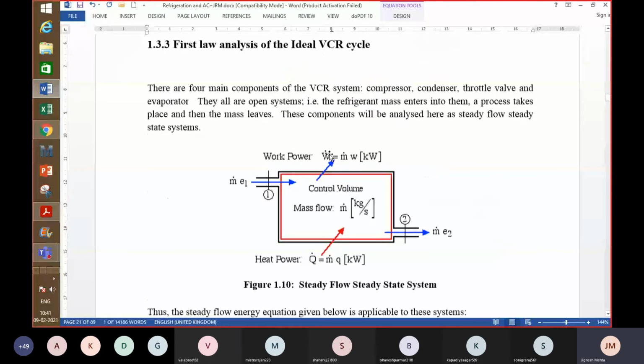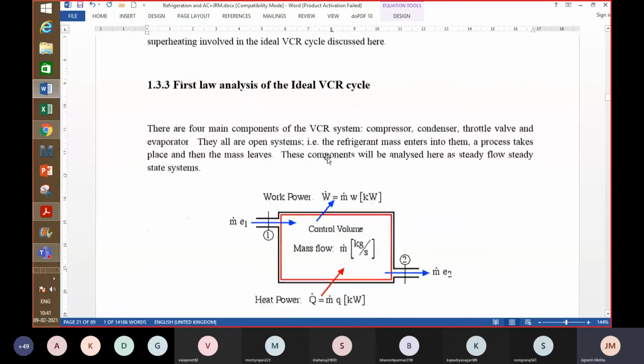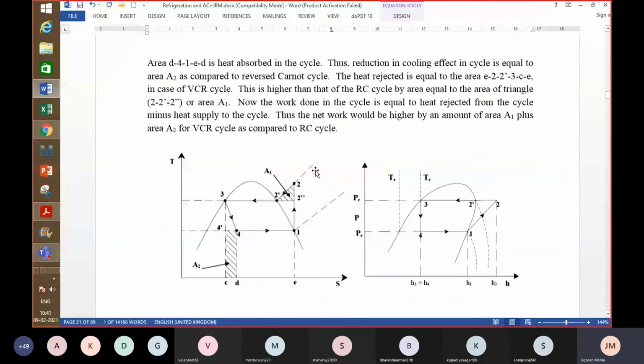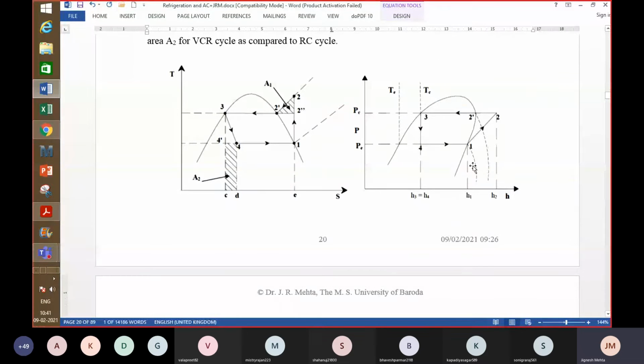Let's keep the cycle in front of us, right? I have not talked about the pH diagram. Probably I can also explain the pH diagram now. So your compression process, I'll show the actual pH diagram also, but as of now, just try to understand the things from here.